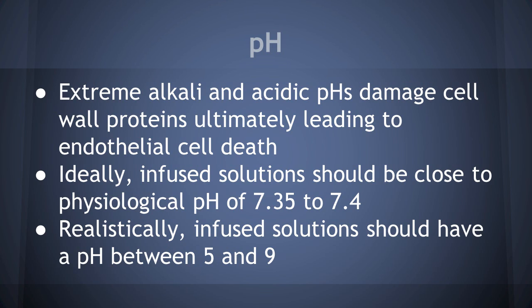If one is to infuse a very acidic or basic compound into one's body, you run the risk of damaging the endothelial cell lining of the vasculature. Ideally, infused solutions should be as close to possible as the physiological pH, which ranges between 7.35 and 7.4. However, this is not realistic. So in practice, infused solutions should have a pH of about between 5 and 9.